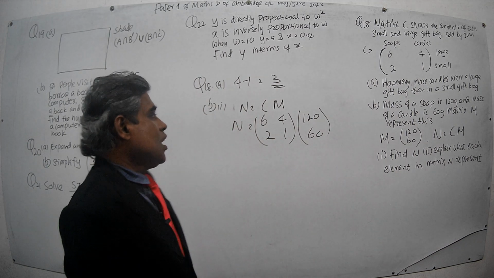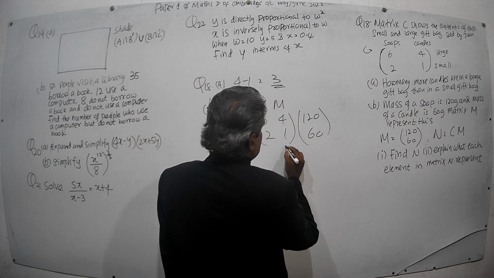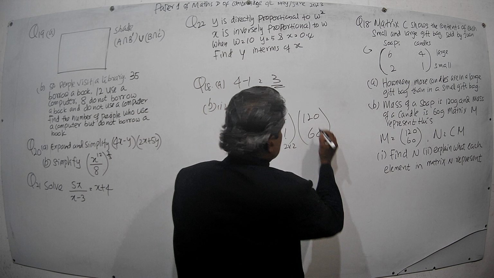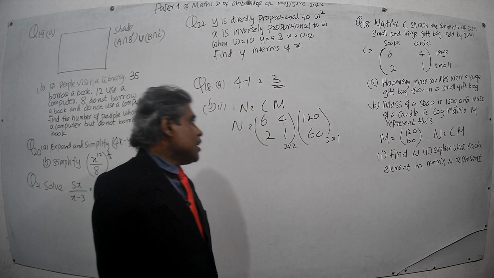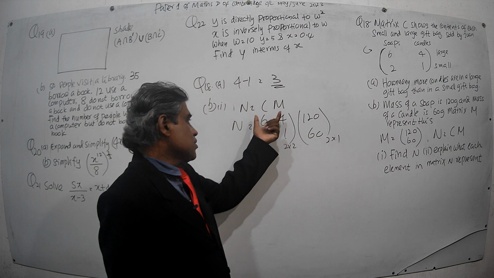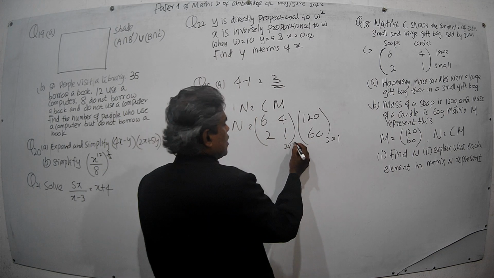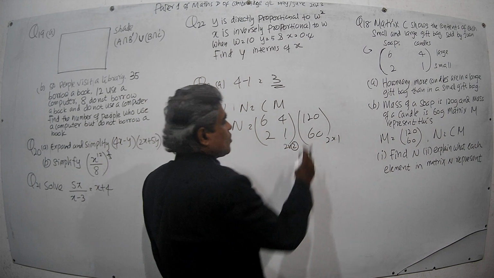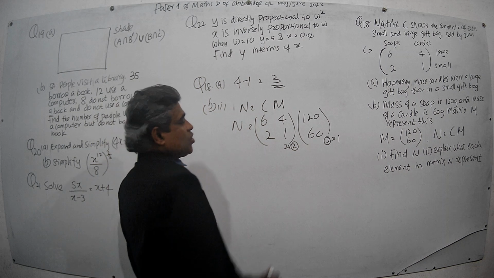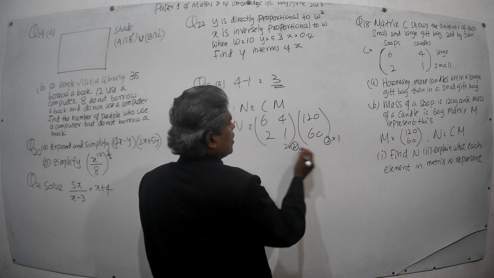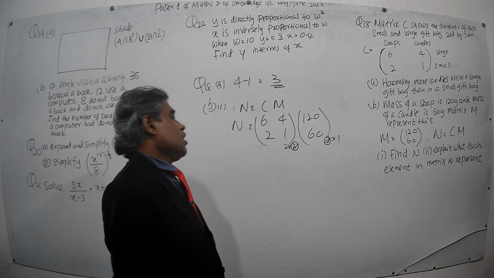Then, if you write the order of the first matrix, it is 2 by 2, and this one is 2 by 1. The number of columns of the first and the number of rows of the second match, and those two go off.